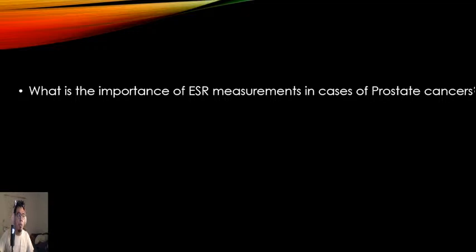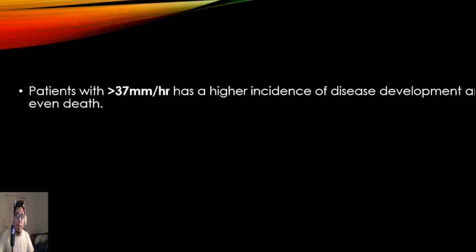Why is it important to measure ESR for prostate cancer cases? Because patients with greater than 37 millimeters per hour have a higher incidence of disease development and even death. Again, prognosis. It is a prognostic tool, not just a general identifier.